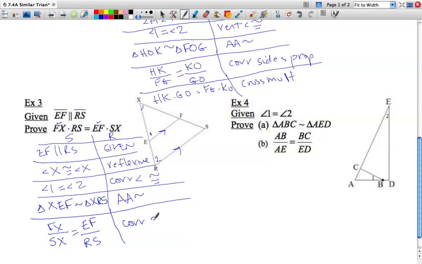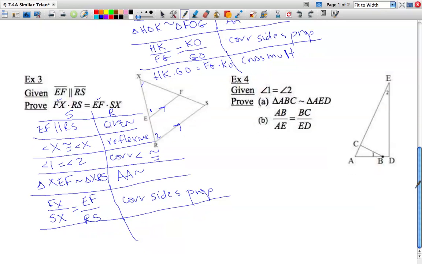Corresponding sides proportional if triangles are similar. And the last step would be the cross multiplication. Excellent.